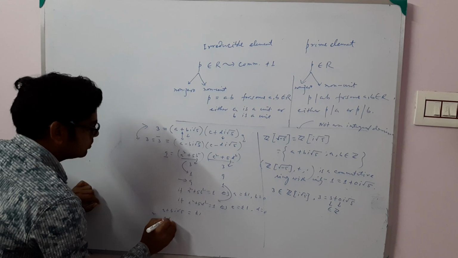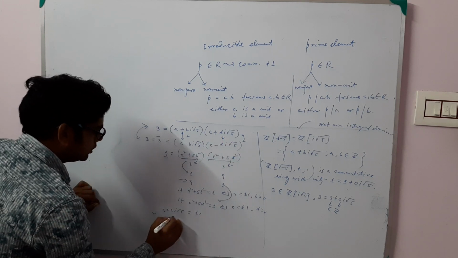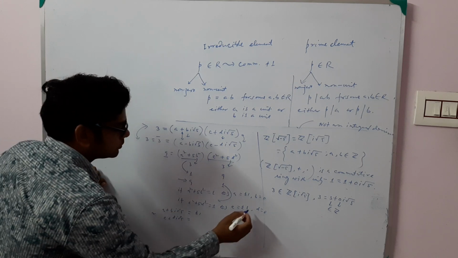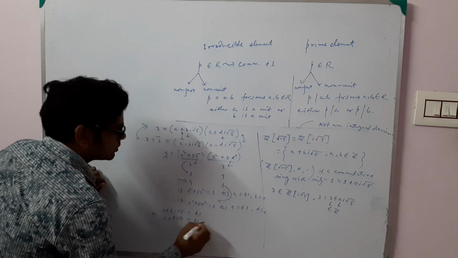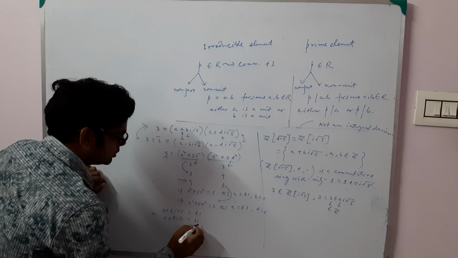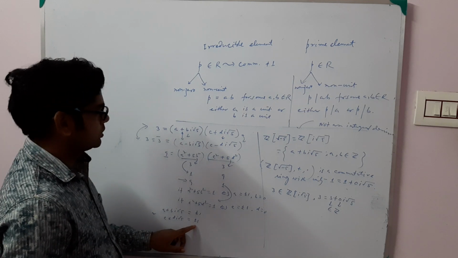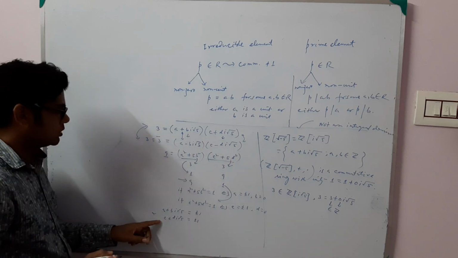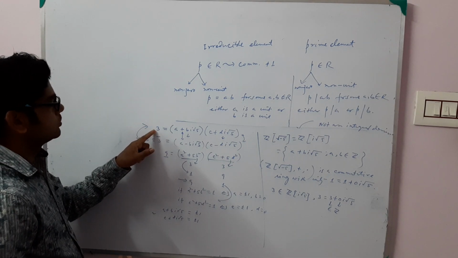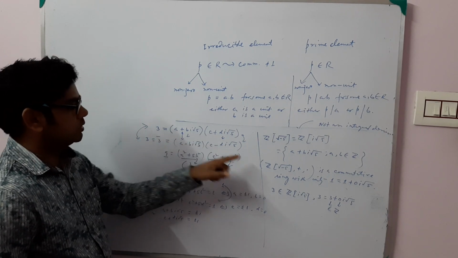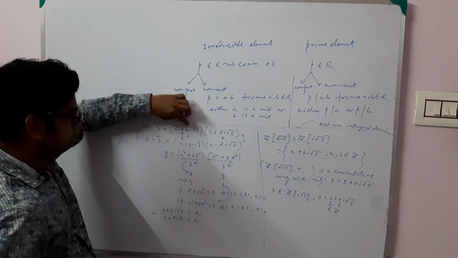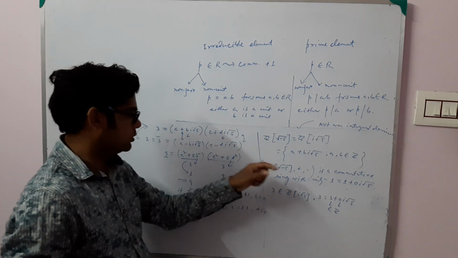Or c plus d root 5 is plus minus 1, as c is plus minus 1 and d is 0. So these are units in this ring. So you see that if 3 is the product of these two elements in this ring, then either this is a unit or this is a unit in this ring.